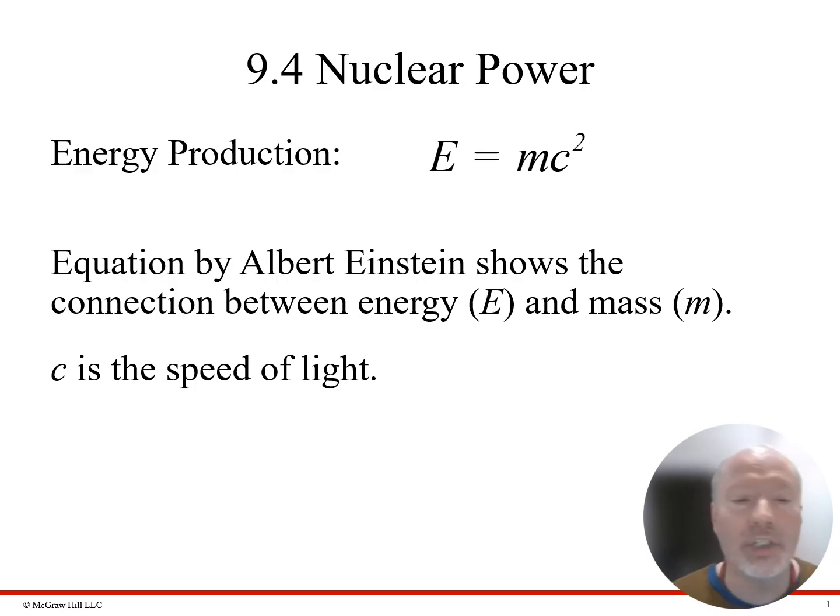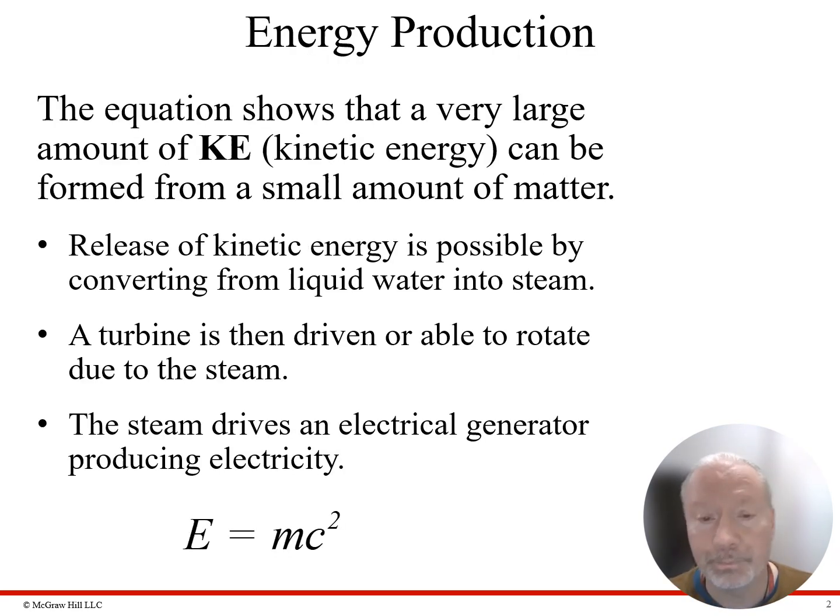This equation was produced by Albert Einstein and connected energy and mass and light, which is kind of not so intuitive. Who knew that mass and light and energy had a relationship? Pretty unique, but it was very helpful in thinking about nuclear power and materials.